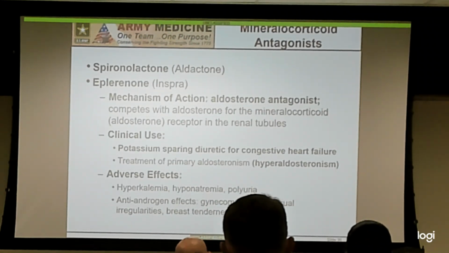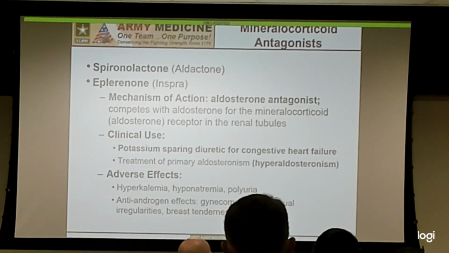Potassium sparing diuretic. If we have wasting, like we see in our CHF, we will use these. These are our two options, but again, spironolactone is the one that you're going to use the most. If somebody has hyperaldosteronism, then we're also using this so that we can get rid of it.